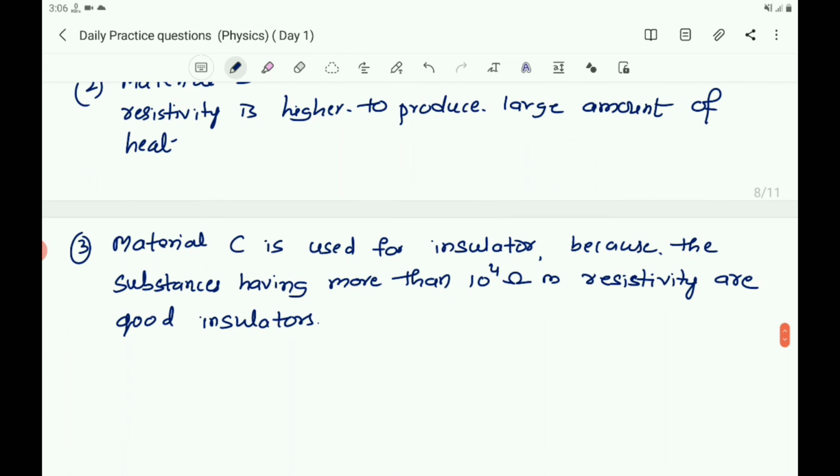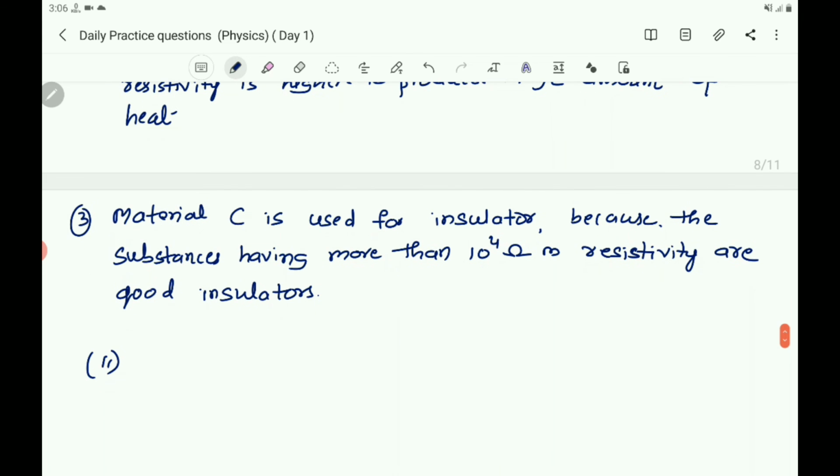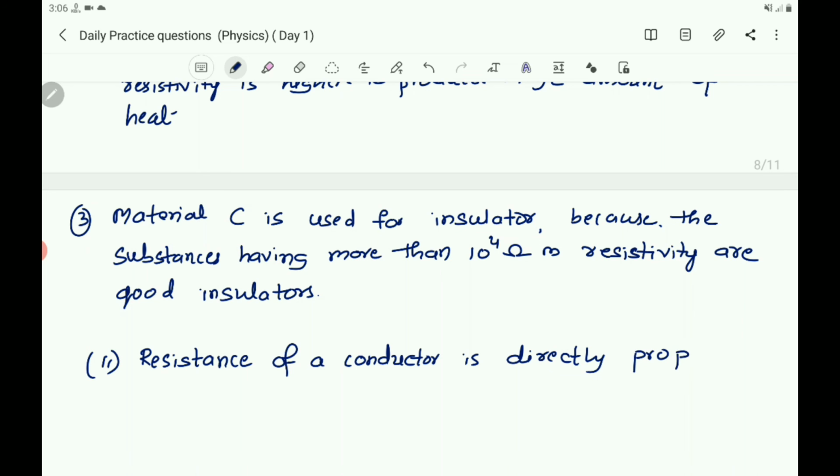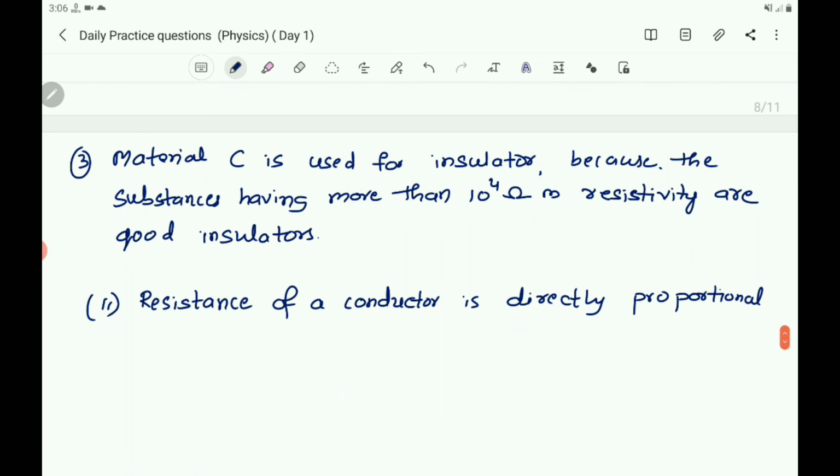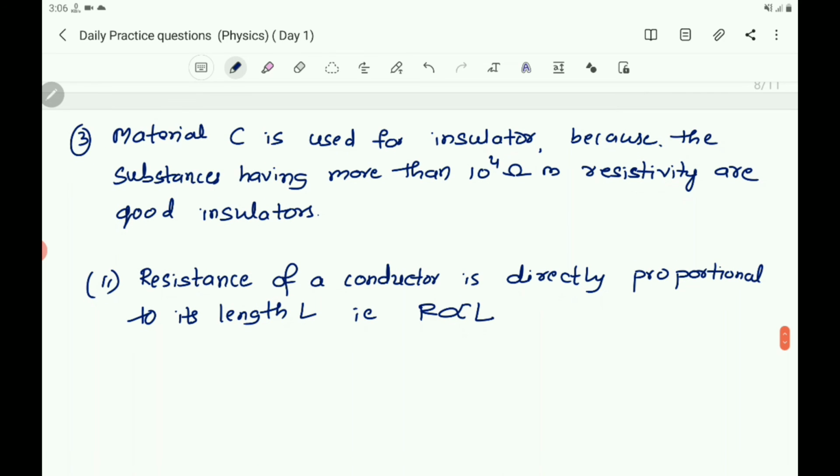So you write the second sub question answer. Resistance of a conductor is directly proportional to its length L. That is, R is proportional to L. It means as the length increases, resistance also increases, and as the length decreases, resistance also decreases.